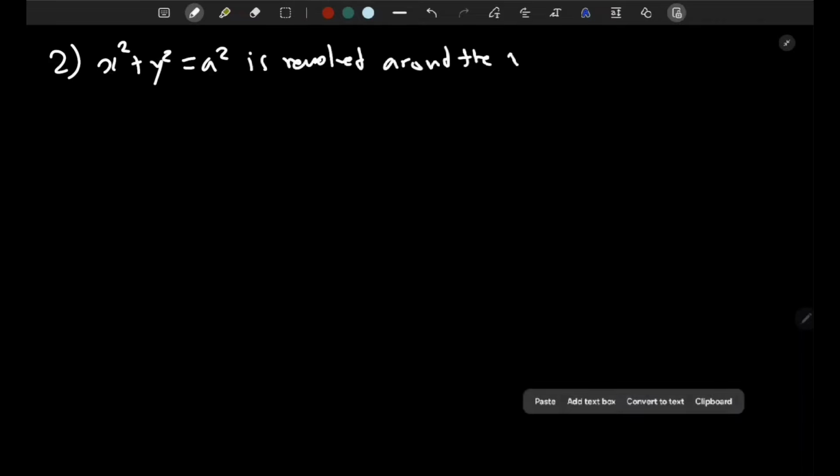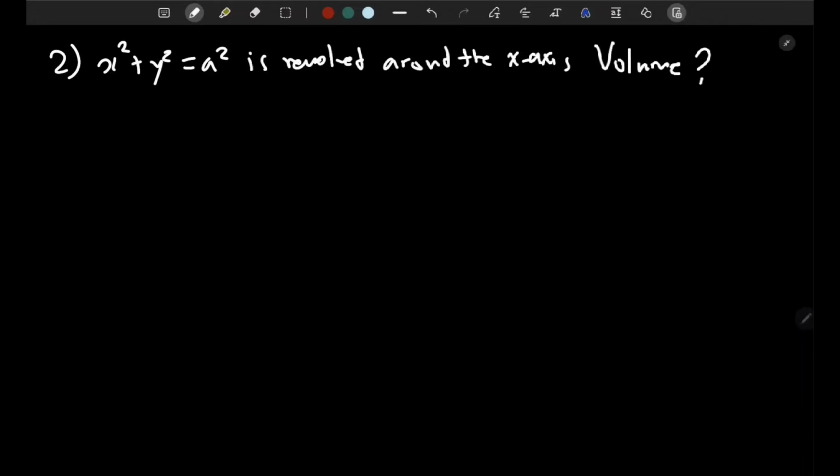So let's do our second question now. Question 2: we get the equation x squared plus y squared is equal to a squared, revolved around the x-axis, and now we need to find the volume.